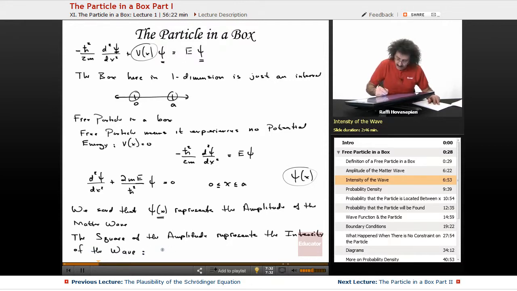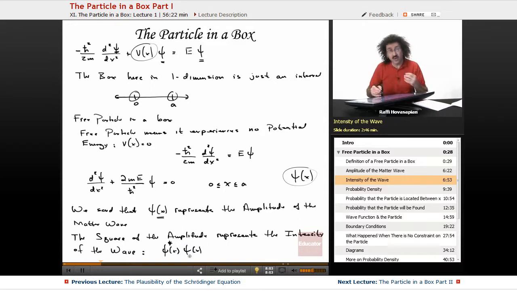And I'm going to do it this way: psi of x, the complex conjugate, times psi. So we're not just going to do psi of x times psi of x. Just in case this wave function happens to be a complex function, we need to take the complex conjugate times psi in order to get a real quantity. Anytime you have a complex number, if you multiply the two conjugates together, a plus bi, a minus bi, you end up with a real quantity.